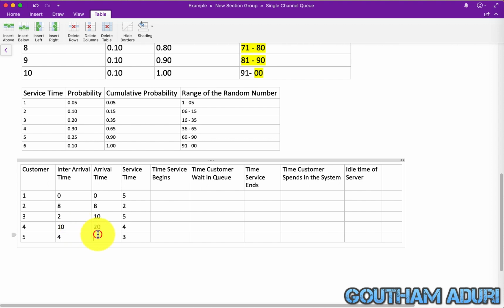Next one is 24. And the time service begins is nothing but, always the first customer begins with the, you have to check.